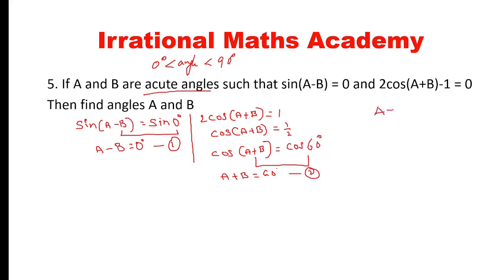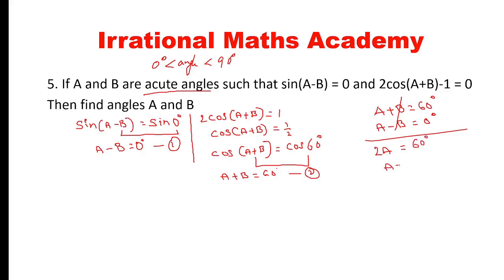A plus B equals 60 degrees, A minus B equals 0 degrees. If I use the elimination method and add both, A plus A is 2A, B minus B is 0, 60 plus 0 is 60 degrees.